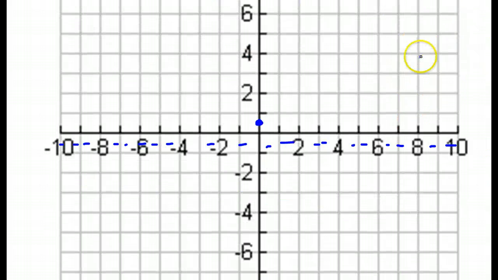Okay, so that means here at the focus, the width has to be a total of 2. So that means 1 to the left and 1 to the right. And of course the vertex was 0, 0. So this is just a tiny little parabola thing. So it's going to start off like that.